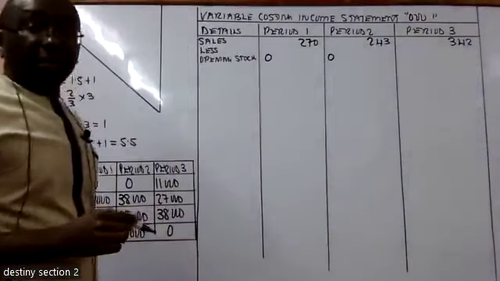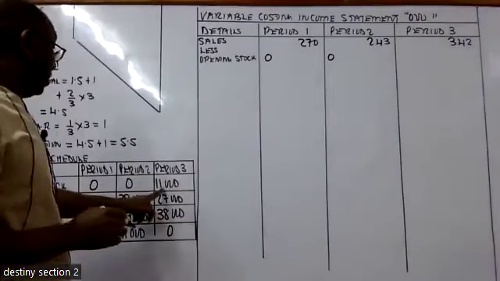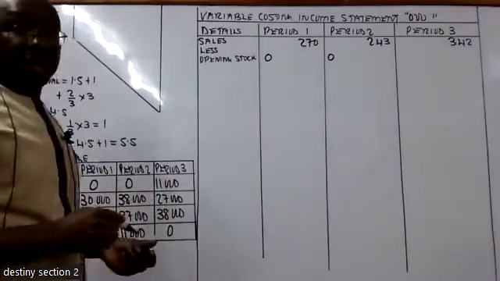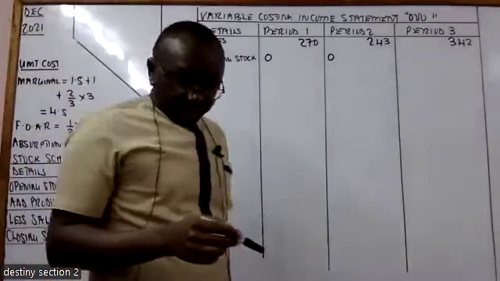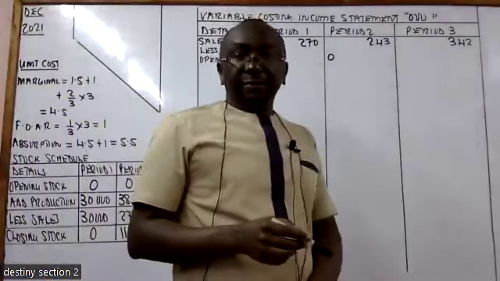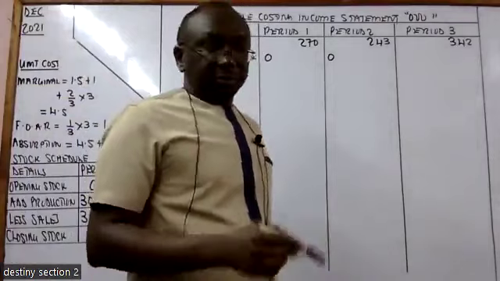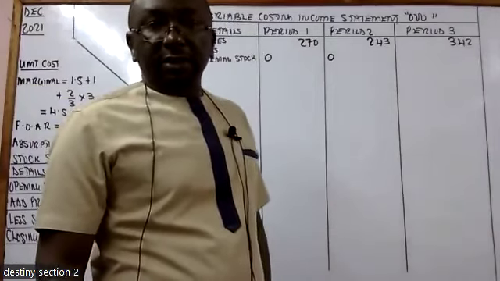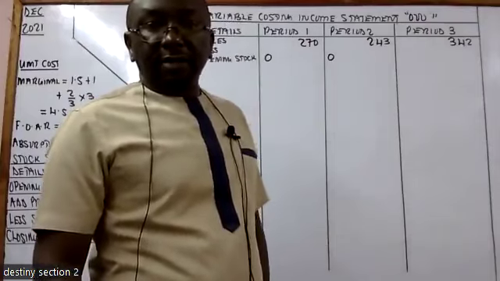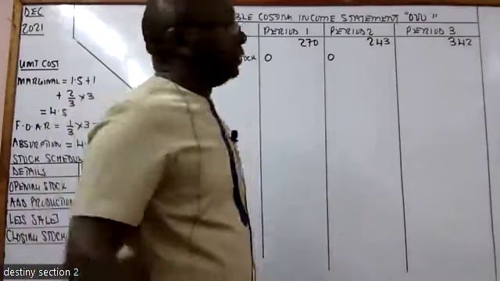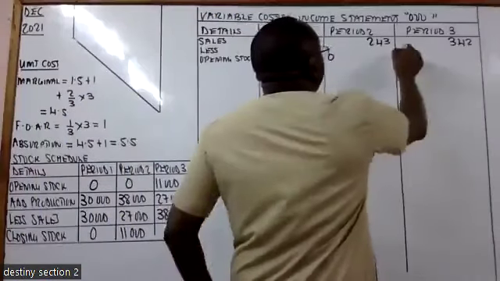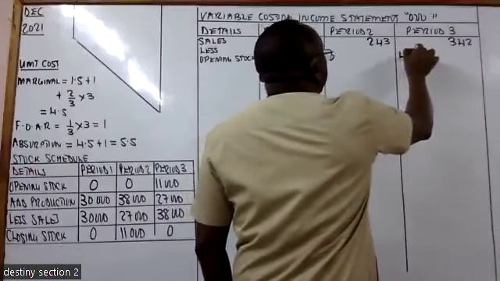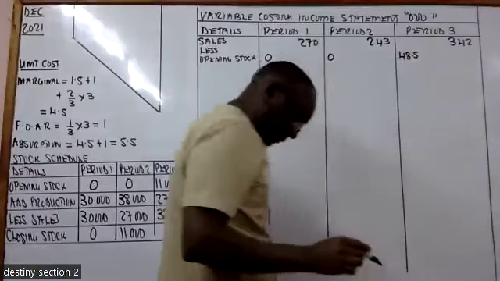But in the third period it is 11, so 11 times 4.5 is 49.5.